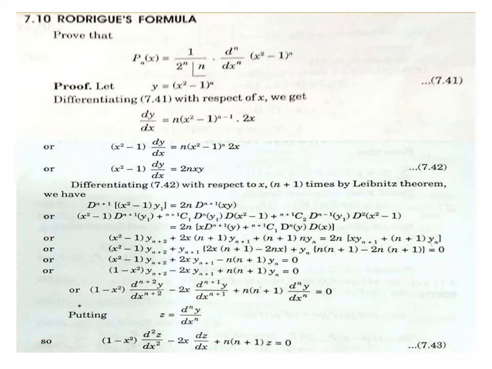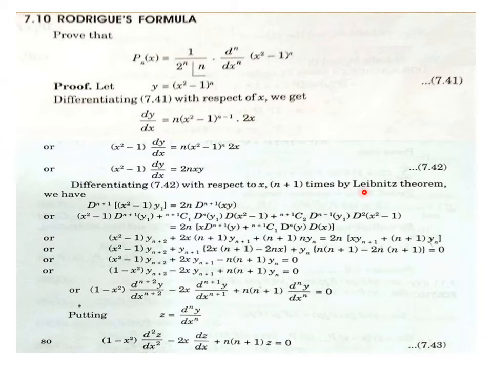Now we will apply an important theorem of differentiation, known as Leibniz theorem. We differentiate equation 7.42 with respect to x, and how many times? N plus 1 times.